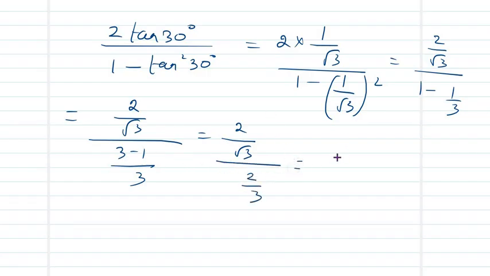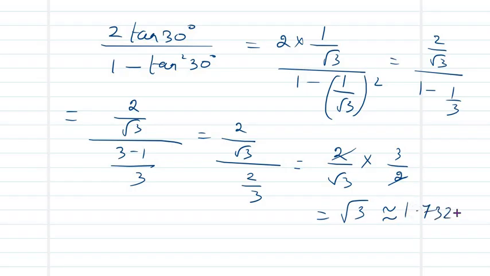We can write it as two individual fractions: 2 by root 3 multiplied by the reciprocal, which will come as 3 by 2, and 2 gets cancelled. 3 by root 3 will be equal to root 3 only, whose approximate value will be 1.73205 and so on. So this is the answer for this problem, 2 tan 30 degrees by 1 minus tan square 30 degrees.